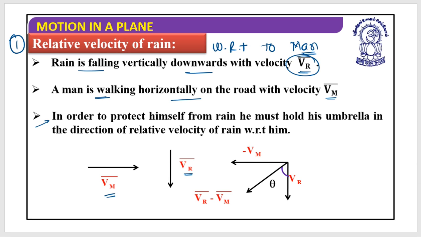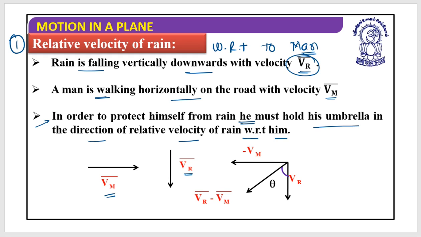In order to protect himself from rain, he must hold his umbrella in the direction of the relative velocity of rain with respect to him. This is what I require always. I need to find the direction in which I should put my umbrella so that I do not get wet from the rain.